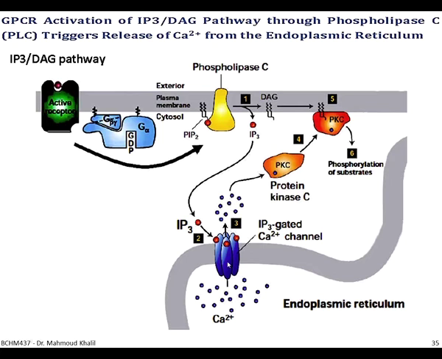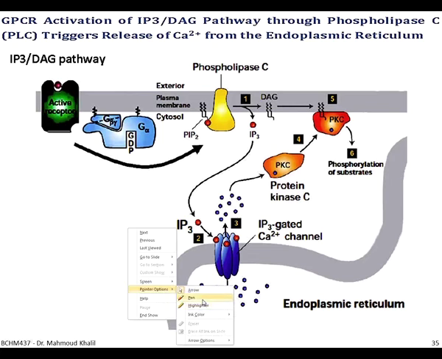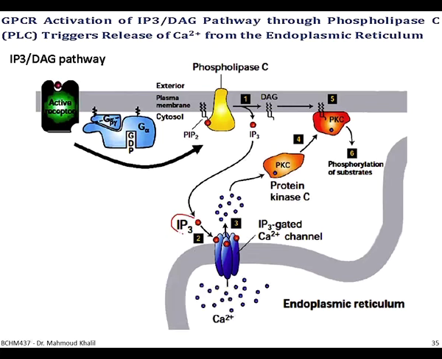And in order to be open for the calcium to go out from the endoplasmic reticulum to the cytoplasm, it needs the IP3 molecule. So once this IP3 molecule is bound to the channel, it will open the channel for the calcium to go out.